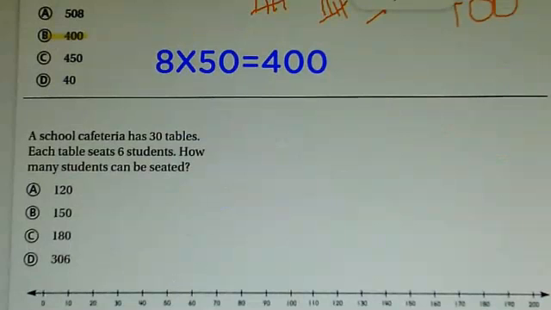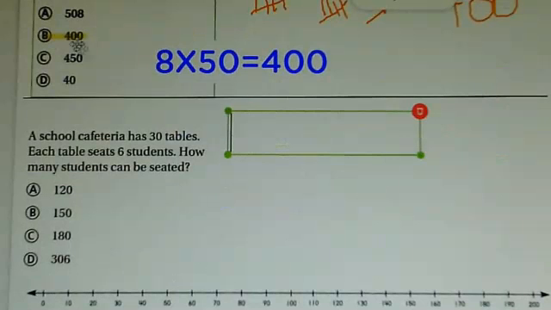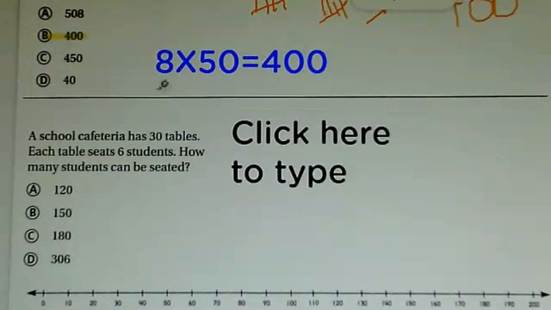It says a school cafeteria has 30 tables. Each table seats 6 students. How many students can be seated? Okay, so what's the important information? Cafeteria has 30 tables. Each table seats 6 students.